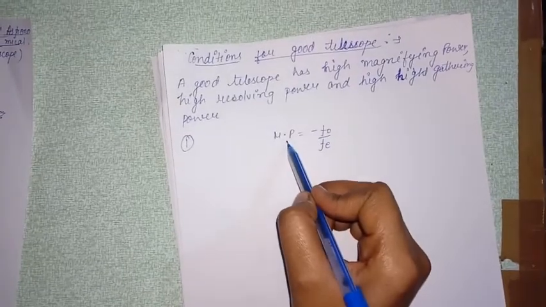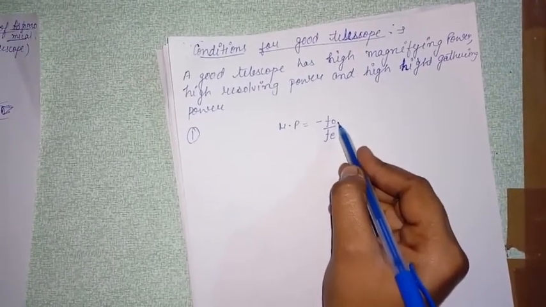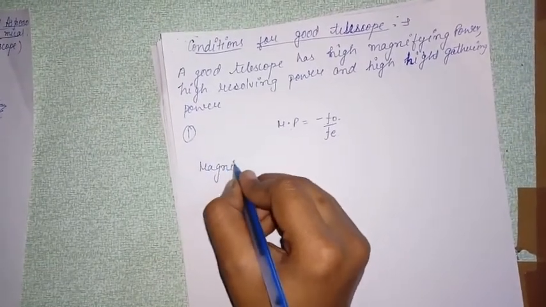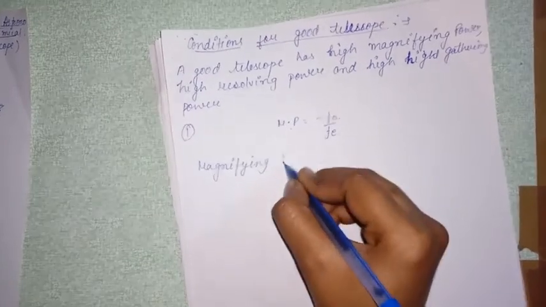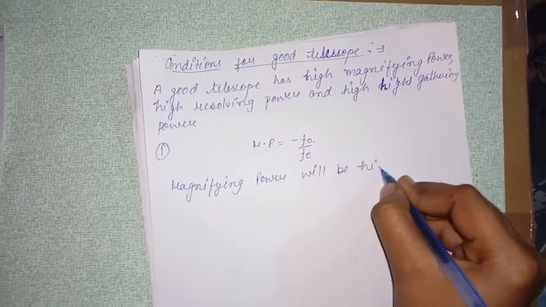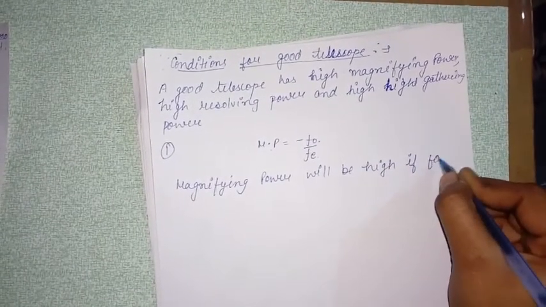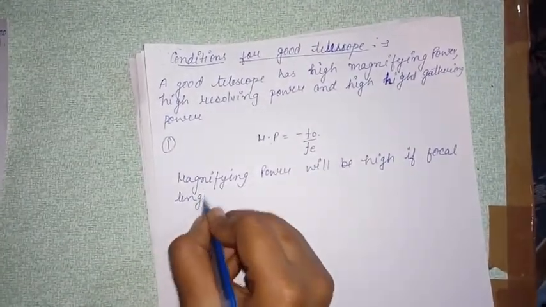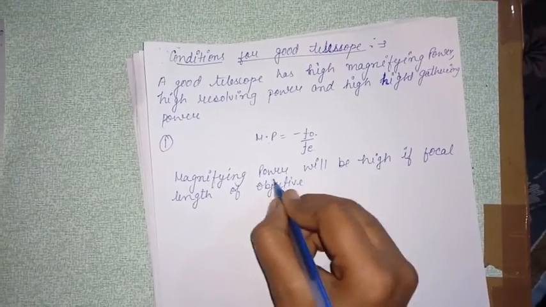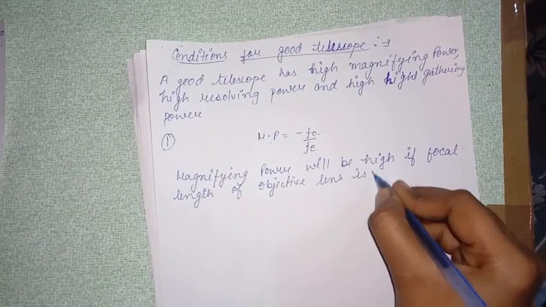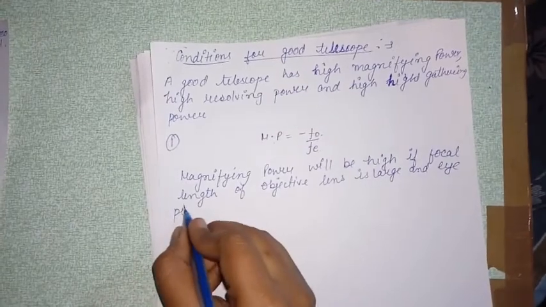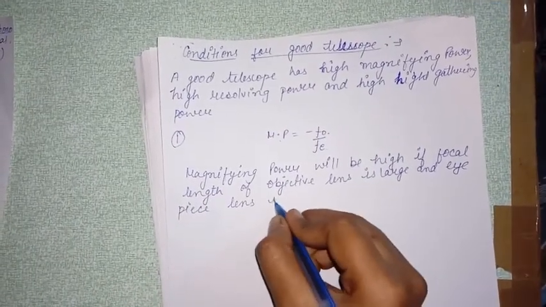When the focal length of the objective lens is large and of the eyepiece lens is small.